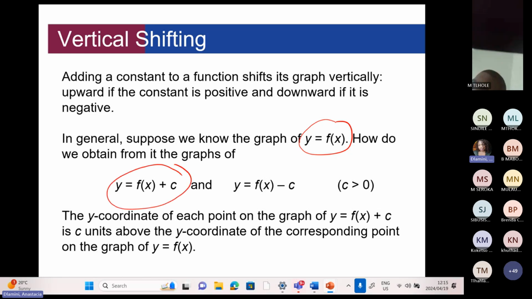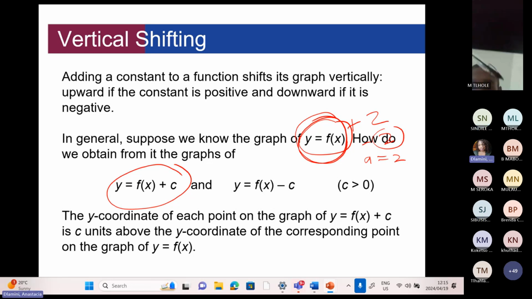It means that we moved. Now considering a is positive, meaning that a is 2 or 3 or 4 or a half, but it's positive. If we add 2 here, we have moved this graph of f of x 2 units up. But if we subtract these 2 here, we have moved the graph 2 units down. Are we together? Yes.